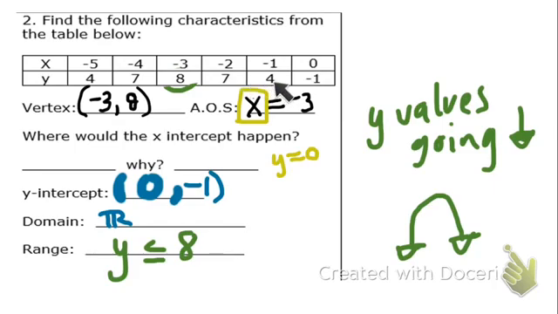It would be between a positive number and a negative number. So 0 would actually be located right there. So that means that the x-intercept would be between -1 and 0. So let's write between -1 and 0. Okay? And the reason why is because that's where y equals 0. You got it?